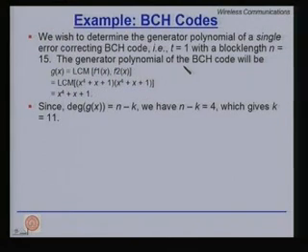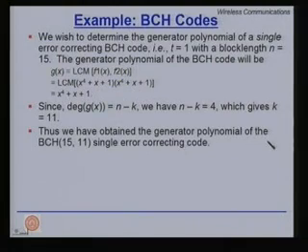Now, please observe the following. The degree of g(x) is n minus k, but here n minus k is 4, which gives k equal to 11. Why? n is equal to 15, the starting point. Thus, we have obtained the generator polynomial for the BCH (15, 11) single error correcting code.